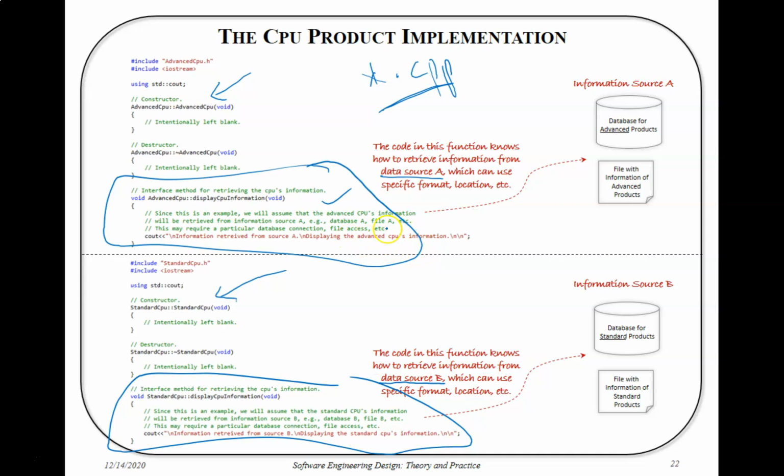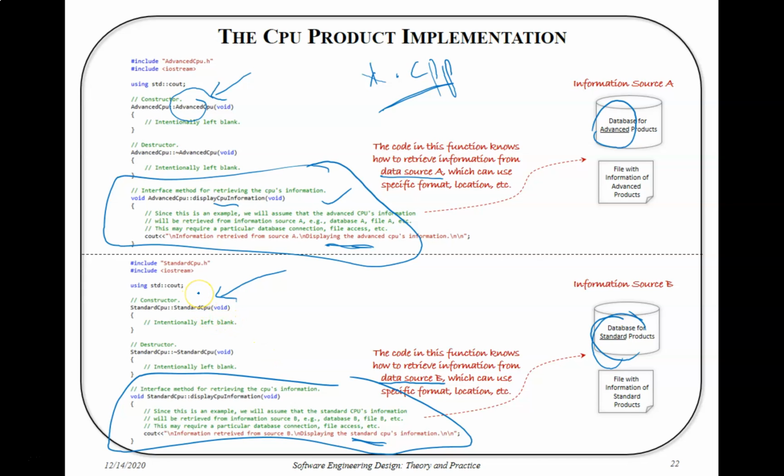If you notice, even though the name of the method is the same, the implementation is different, because this one displays the advanced and this one displays the standard. You take from a different database for standard and for advanced. So the concrete implementation is different, but it uses the same method name and implements the same interface.